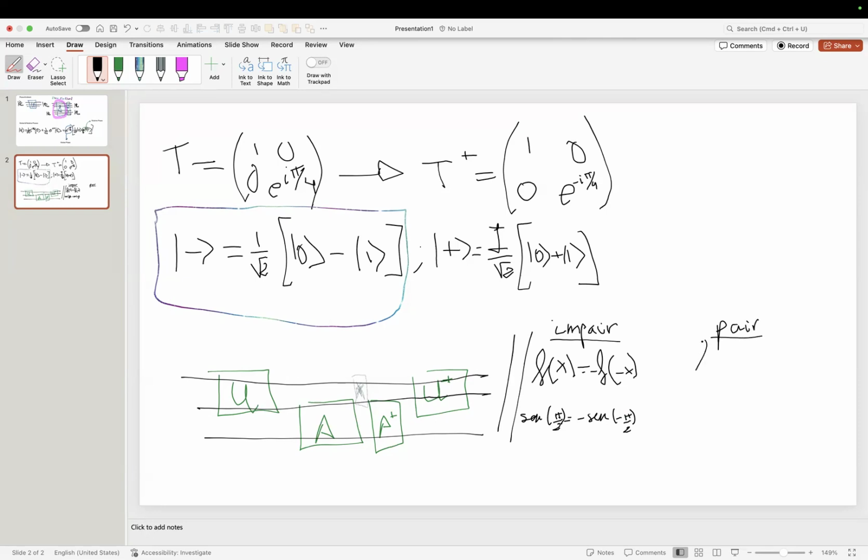Parity is the opposite. If f(x) is equal to f(-x), the example, for example, is x squared, because 2 squared is equal to -2 squared. This is how plots are visualized, okay?